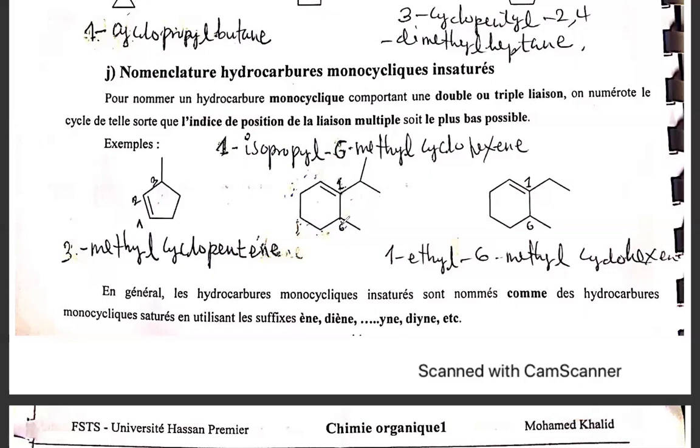Isn't it? Yeah. Now, if you remember very well, the rules that we used last time, for the ones that do not have a double liaison, we said the position of the substituent at some point can also give us a direction in which we are supposed to count.